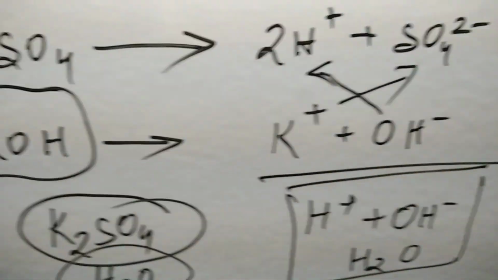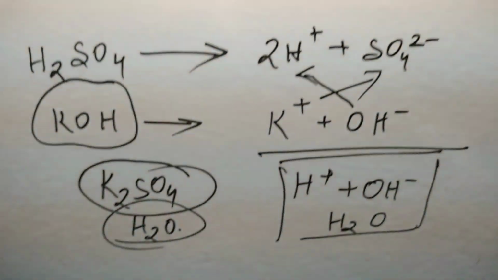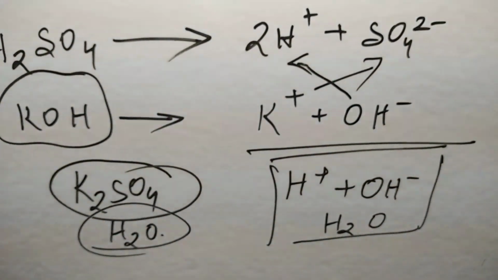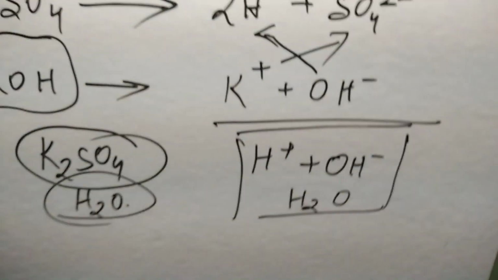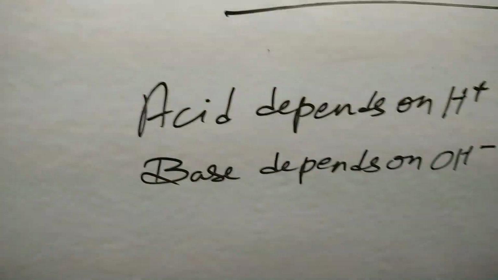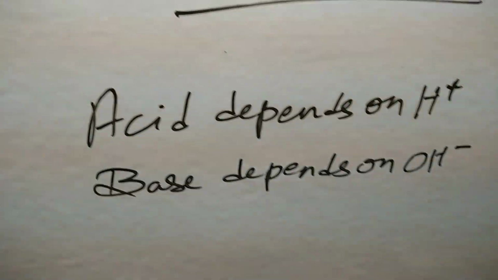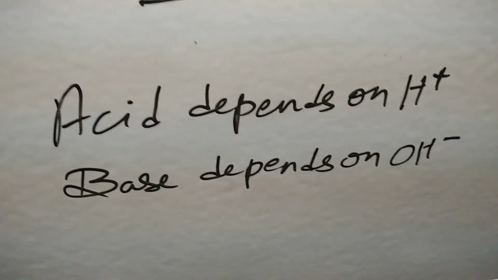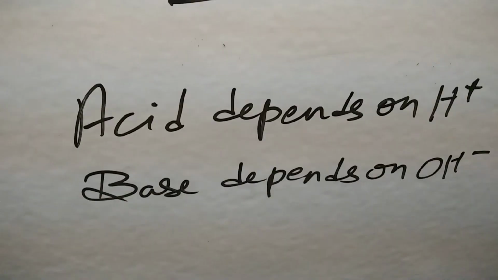Yes, so from here we can say one thing, see students, that acid depends on H plus and base depends on OH minus. Yes, correct.